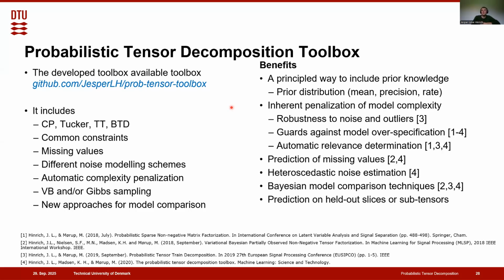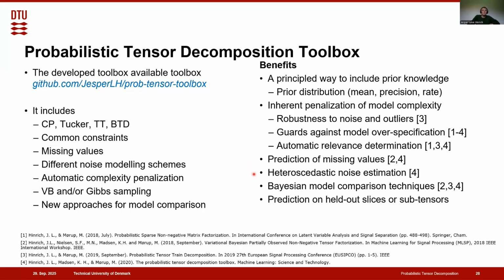The benefits are really that you can recruit information in a very structured and principled way through these prior distributions. You get this penalization of model complexity, so that means that we favor models that are simple, and that's often a good assumption when you work with chemical or physical data. We have nice prediction of missing values.